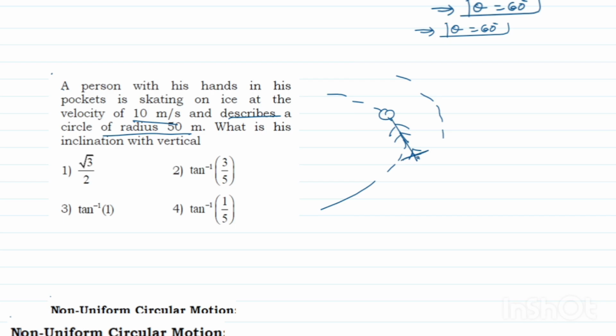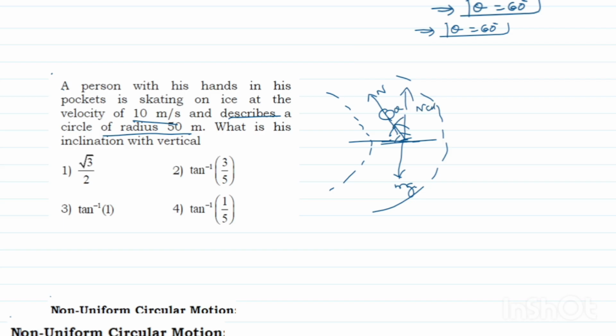So here when he is making a turn, you can take this point as the point of contact, and the normal reaction is going to be acting like this, and the weight of the person is going to be acting like this. If the normal makes an angle theta, this is n cos theta and this will be n sin theta.